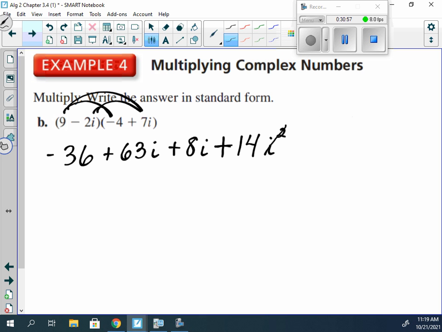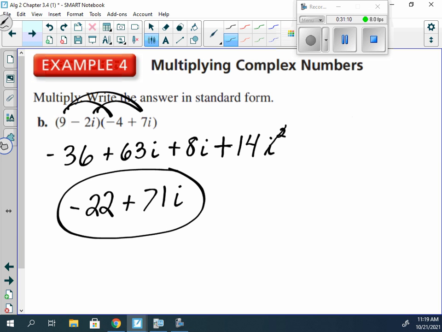Combine like terms, negative 36 plus 14 is negative 22. 63i plus 8i is plus 71i. And I have a feeling if you type that in the calculator, you got the exact same thing, yes?